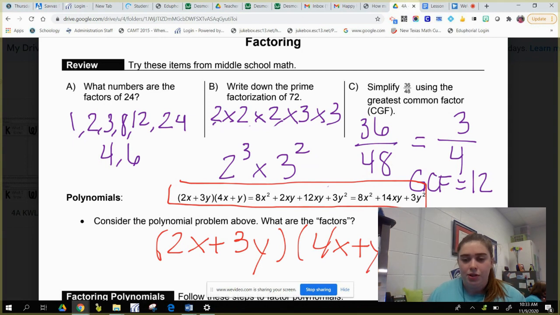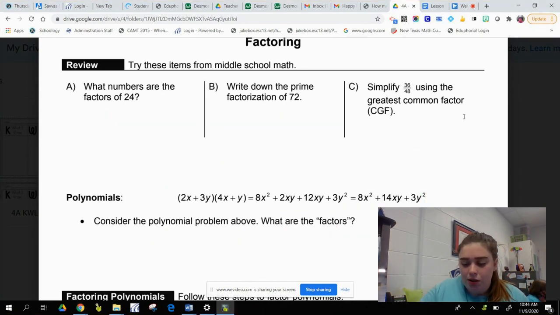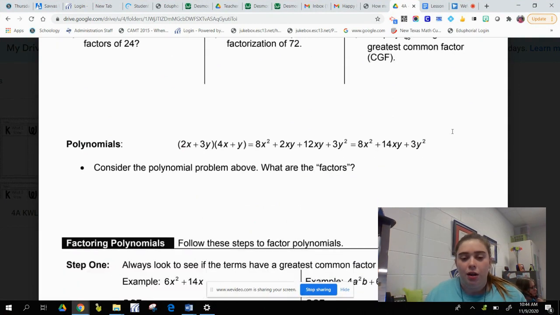Okay, so that is just getting what the factors even look like into your head. And now we're going to start moving on to how we factor in general. For this, we are going to have a lot of different methods of factoring, okay?